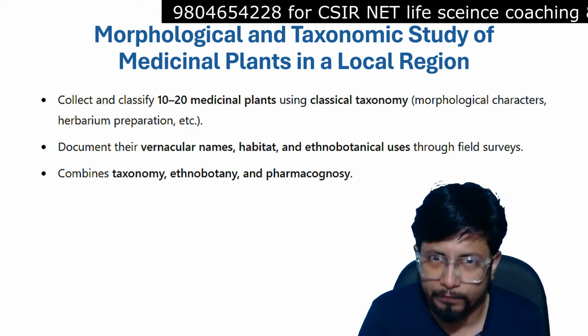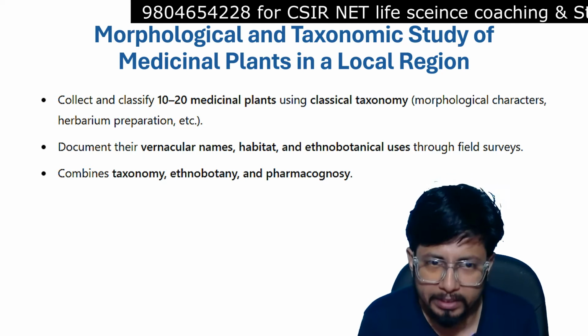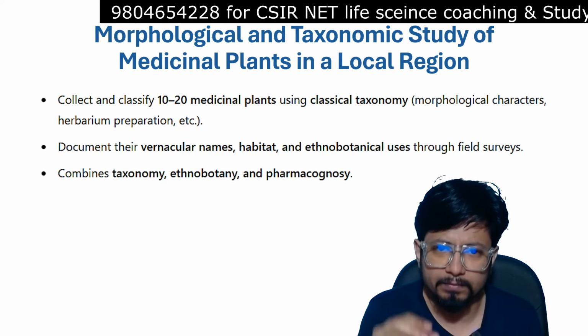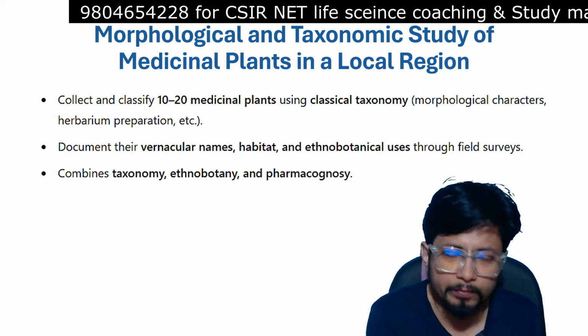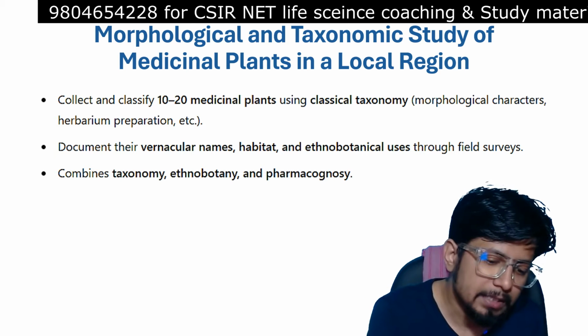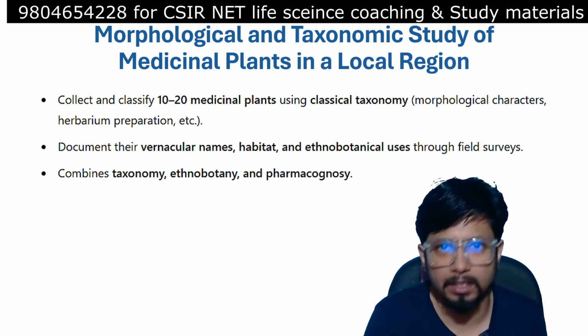You combine the taxonomy with ethnobotany, and also some pharmacognosy. This term may be new to you, but some amount of it is related because we are studying the medicinal plants.